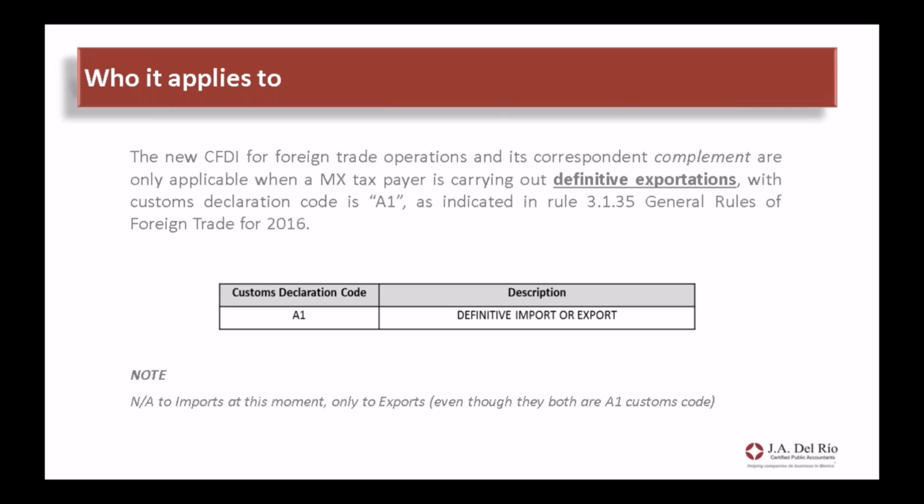The reason for explaining this is that we want to emphasize that this new electronic invoice will only be applicable to those definitive exportations that taxpayers in Mexico make to foreign residents.